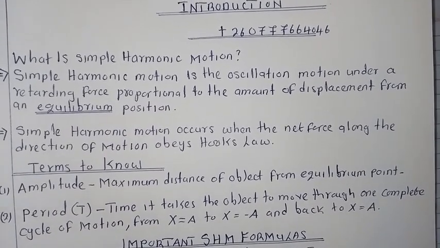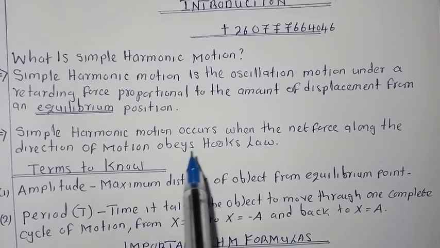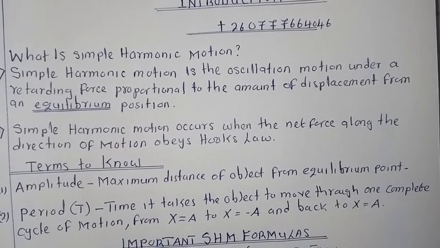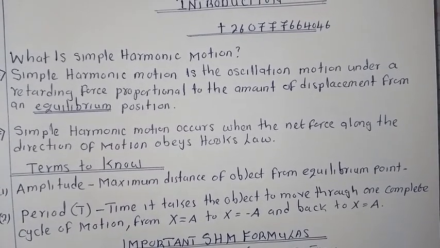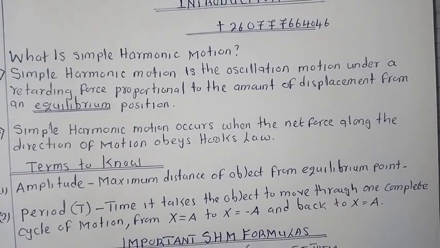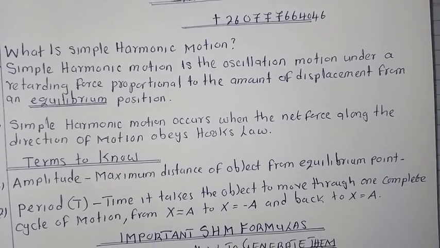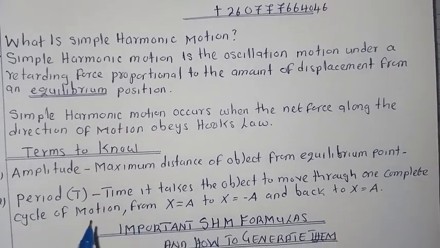Now, simple harmonic motion occurs when the net force along the direction of motion obeys Hooke's law. I will demonstrate in my next video the connection between simple harmonic motion and Hooke's law, so that you'll be able to deduce the relationship between the two.